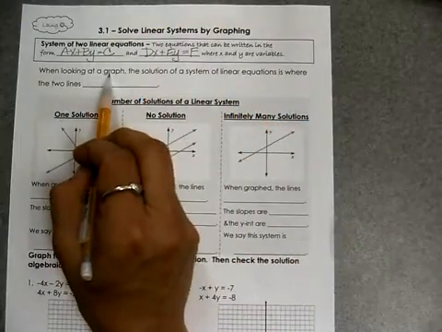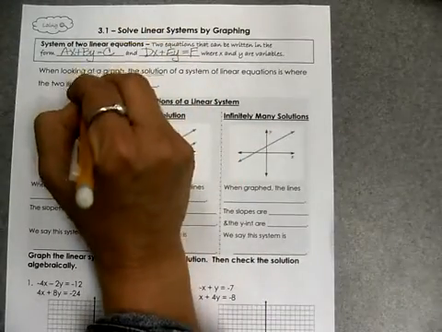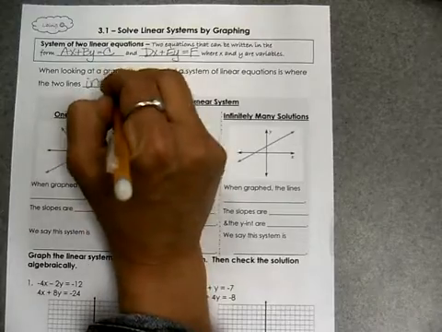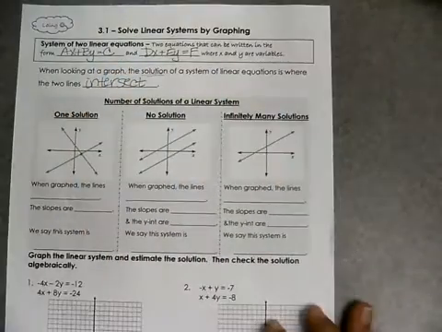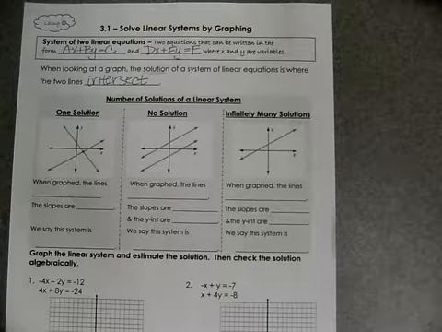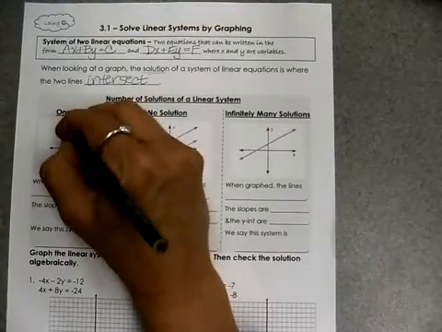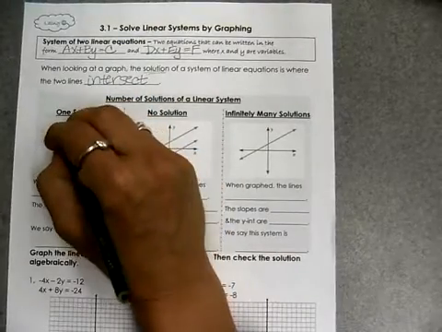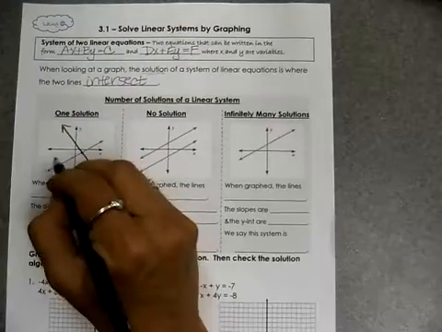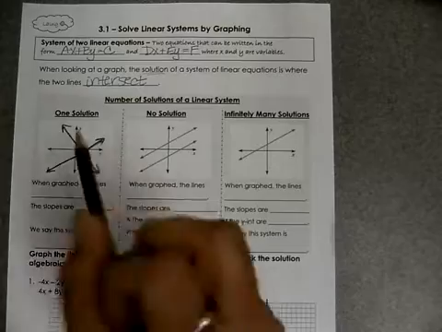And when you look at a graph, the solution of a system of linear equations is where the two lines intersect. So we're going to be looking to see where those lines intersect. One example of something that can happen is if you have one solution. You don't have to color code this, but here I have this line and this line, and notice that these lines meet in one point.